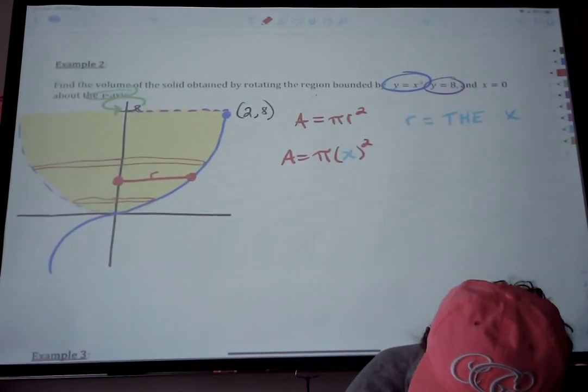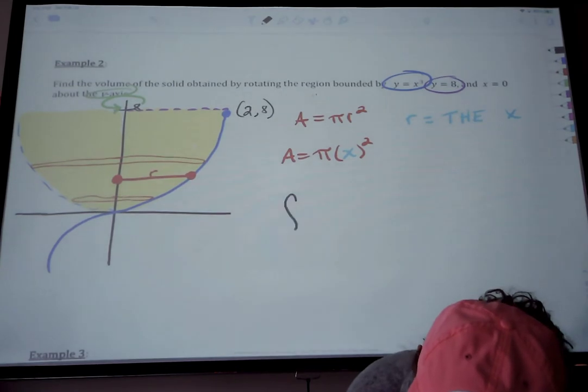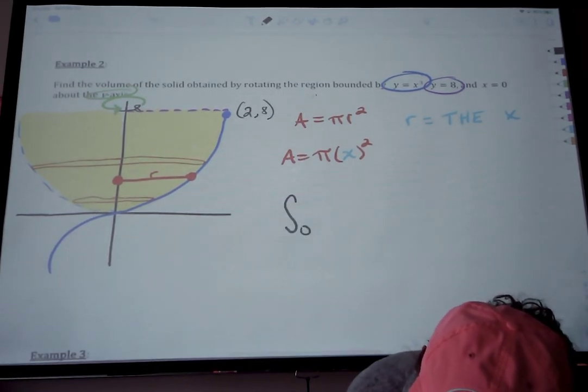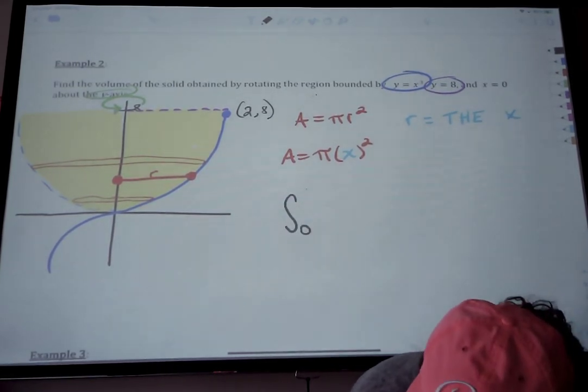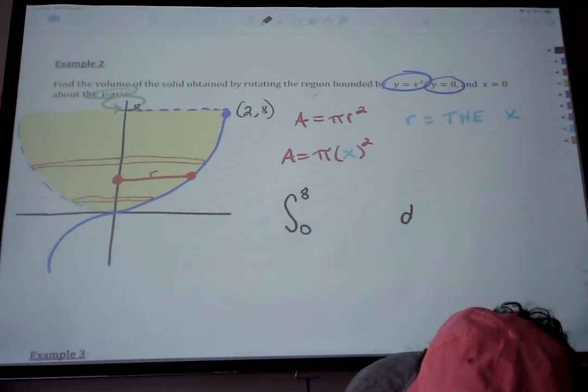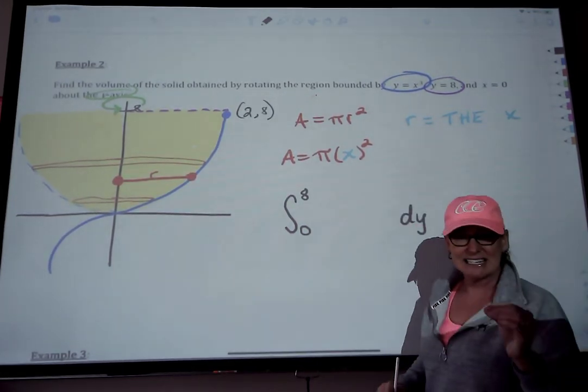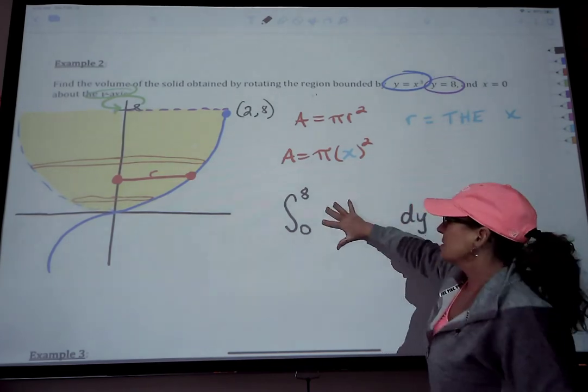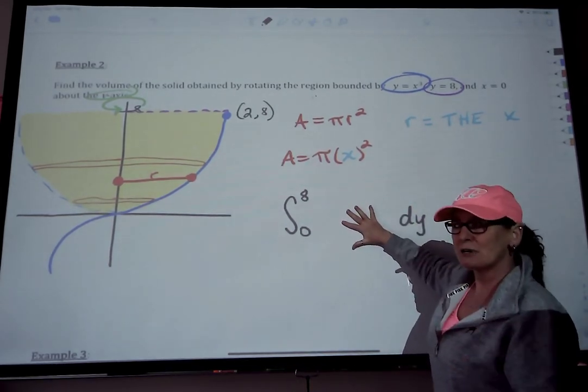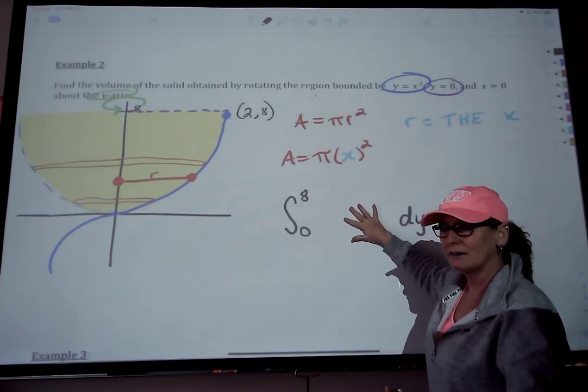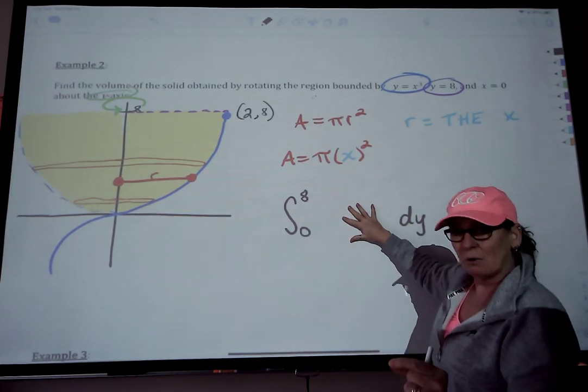I think you can tell that our plates are going to start at y equals 0 and stop at y equals 8. The thickness of each plate is going to be dy. So this needs to be the area representation of one plate, but my variable has to be y.